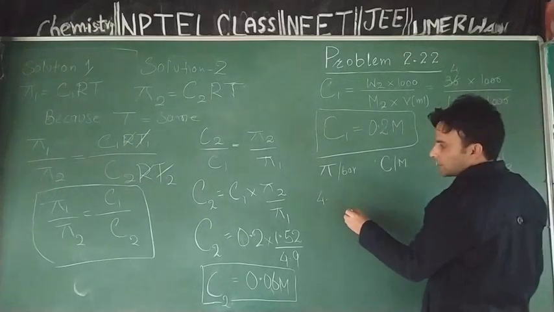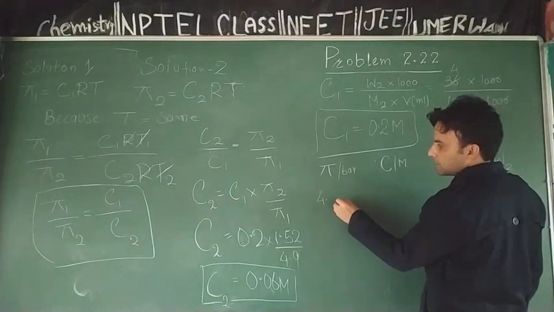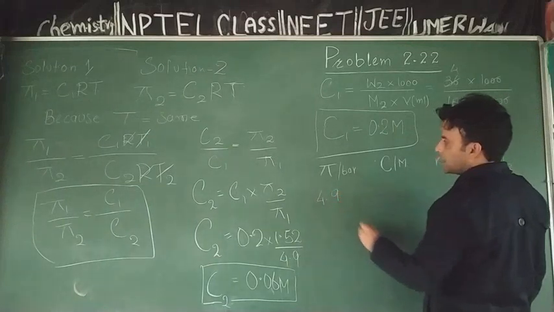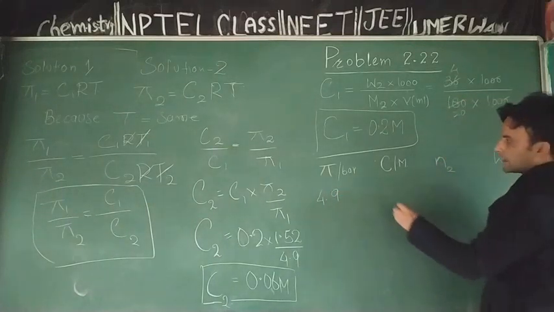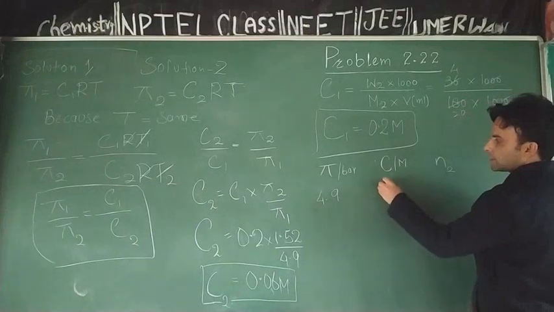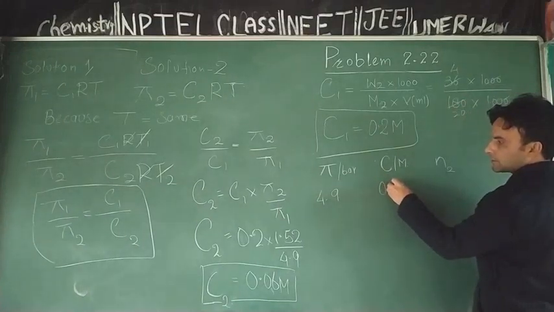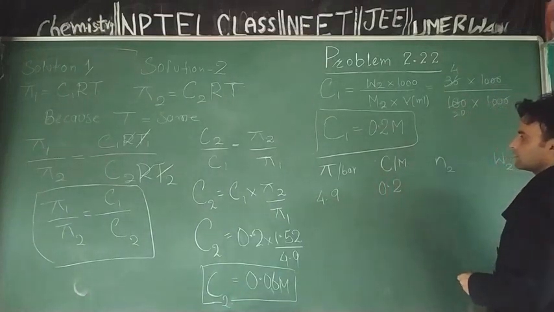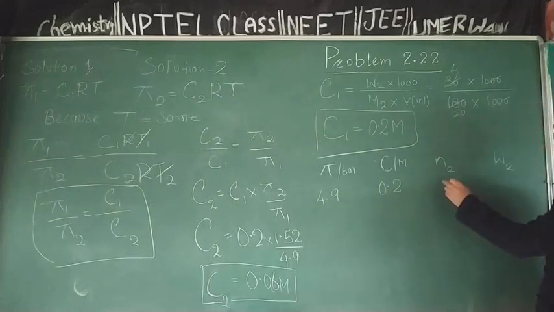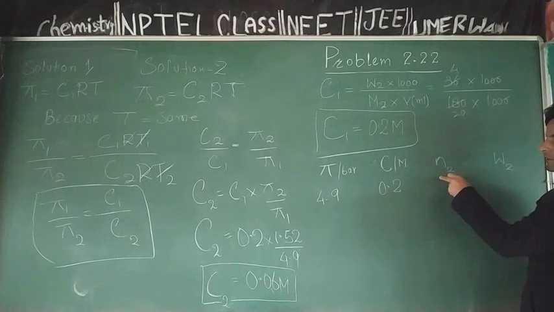When osmotic pressure of solution of glucose was 4.9 bar, that time molarity of solution of glucose was 0.2, that is 0.2 moles of solute were present in 1 liter of solution.